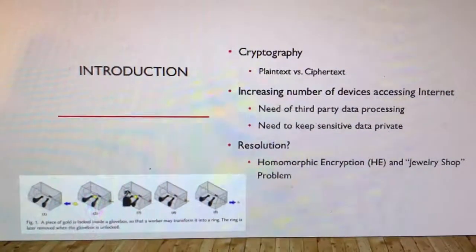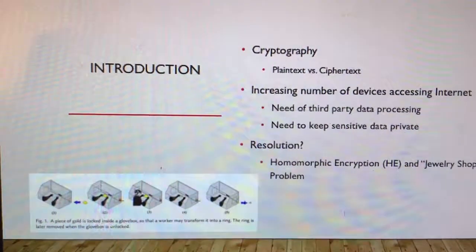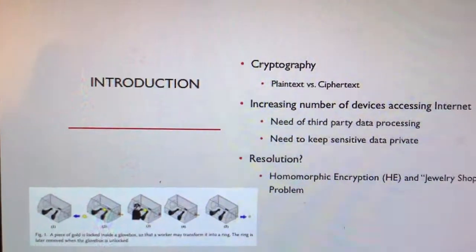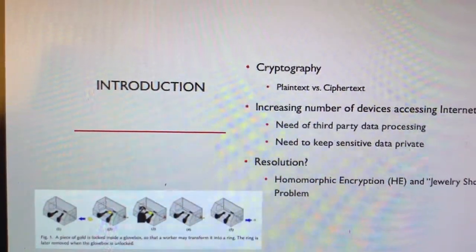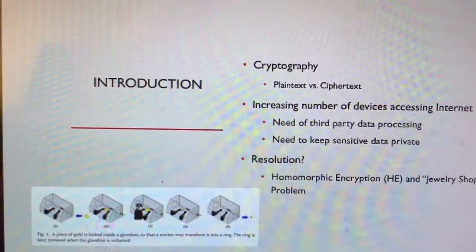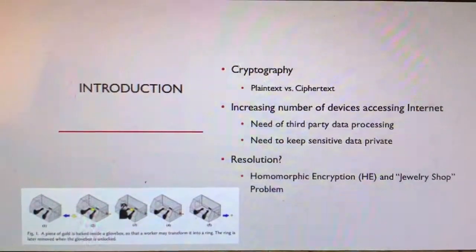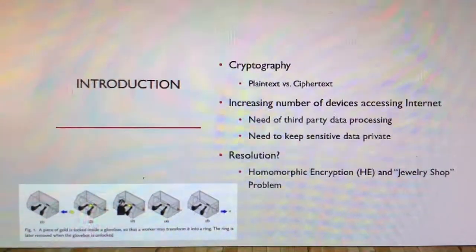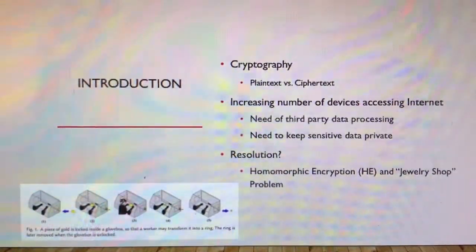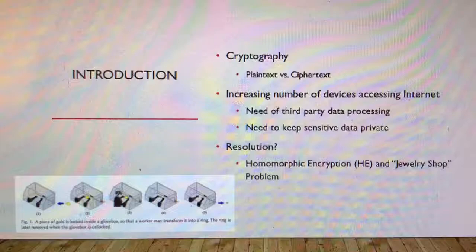In this example, the glove box represents the encrypted data, so the data is not physically available to the employees, but is visually available.